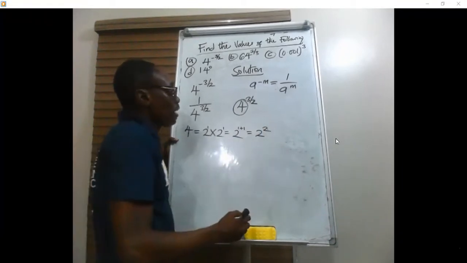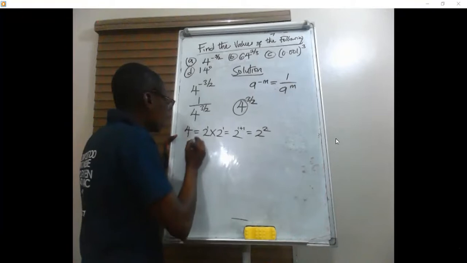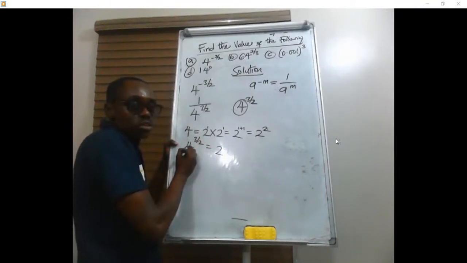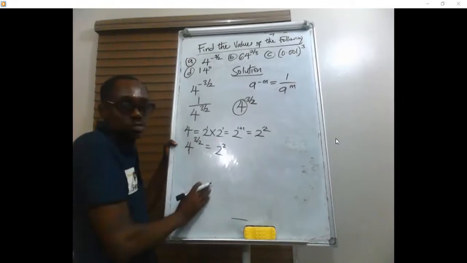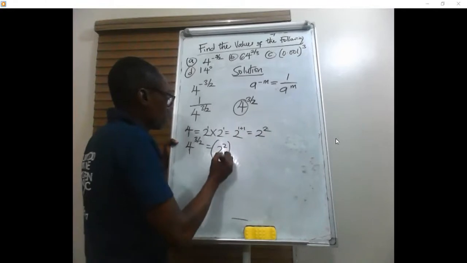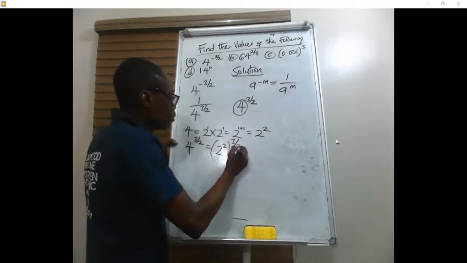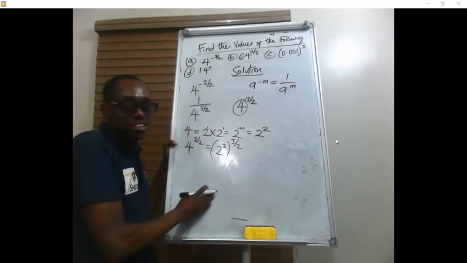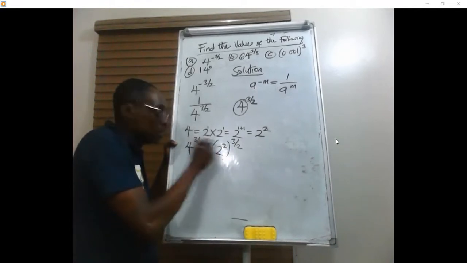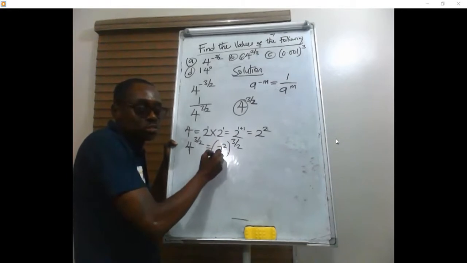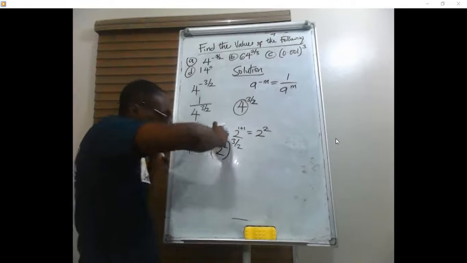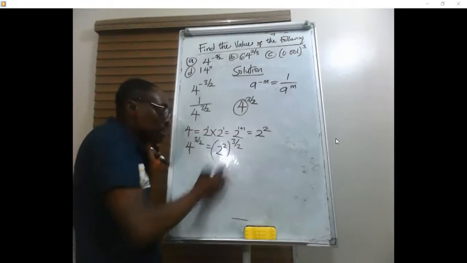Having that in mind, 4 raised to power 3 over 2 is the same thing as replacing the 4 with 2 raised to power 2, putting that in brackets, then raised to power 3 over 2 outside the bracket.